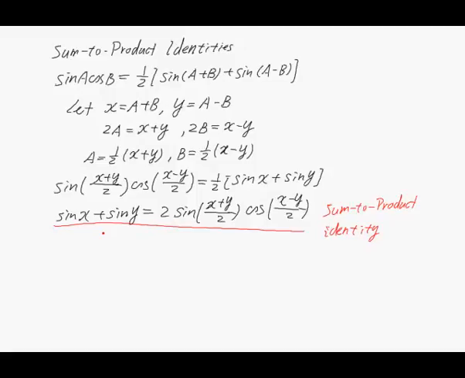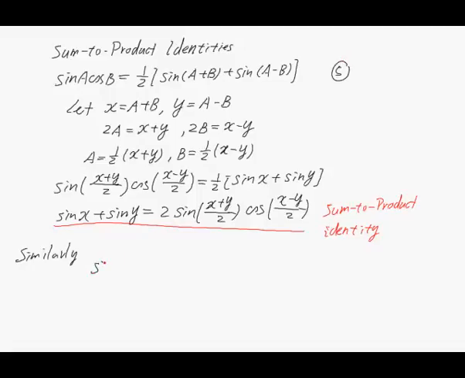We'll cover this in the coming section, section 6. And similarly, you can get other sum to product identities. This one we got from identity 5, and then we can have the other sum to product identities.